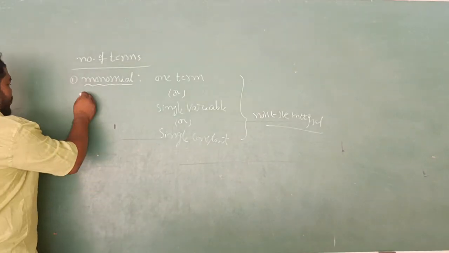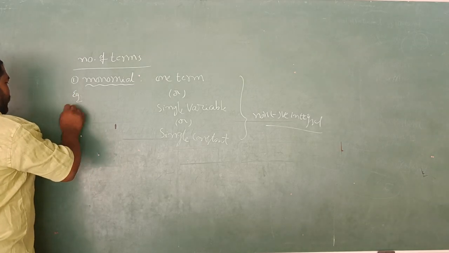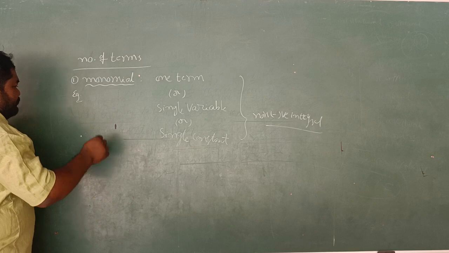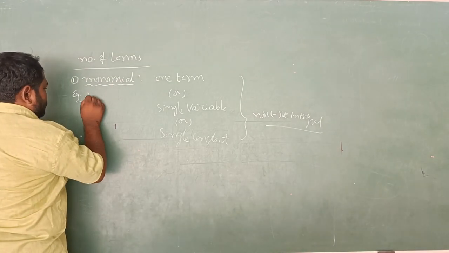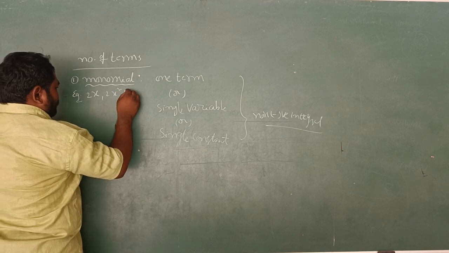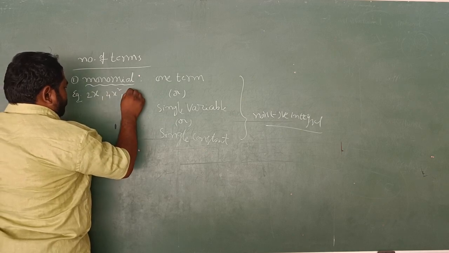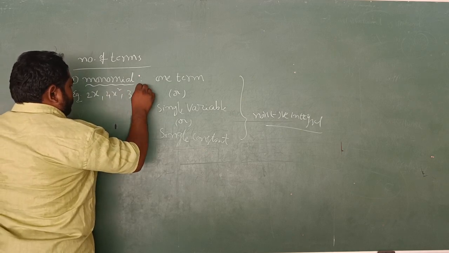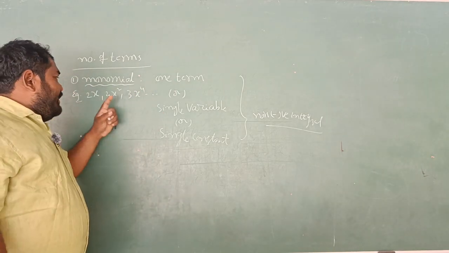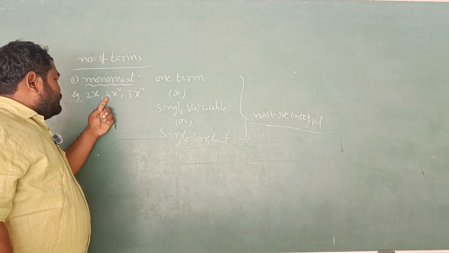Examples for the monomial: one term means 2x, 2x square, 4x square, or 3x power 4, and so on. Term means combination of constant and variable.